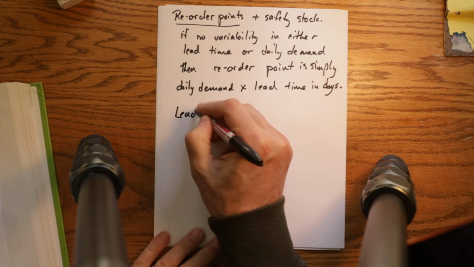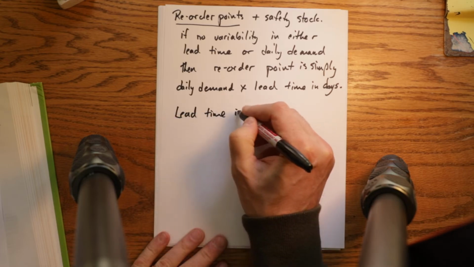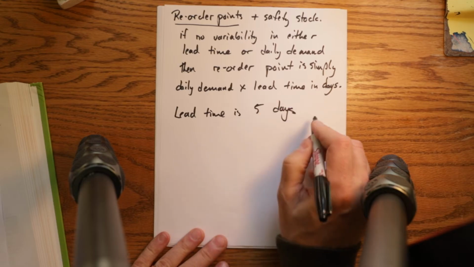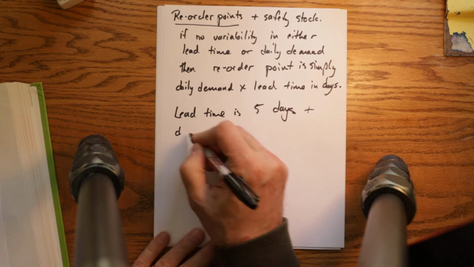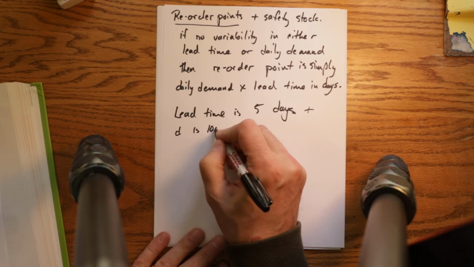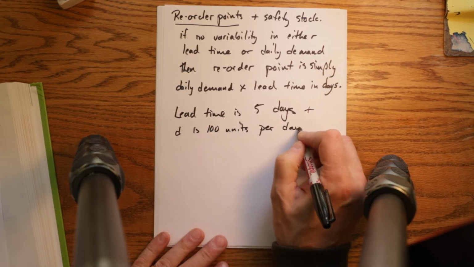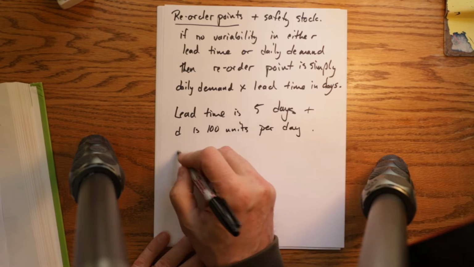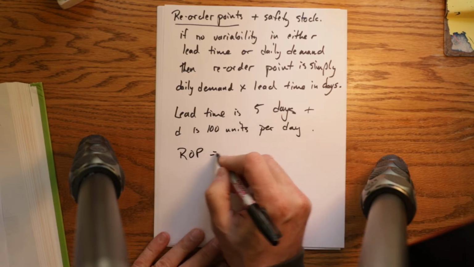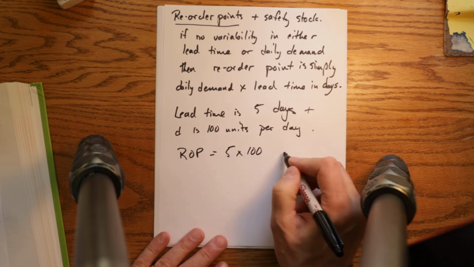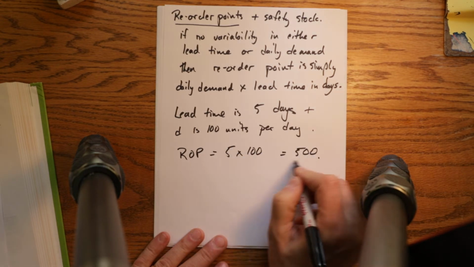Lead time is 5 days and daily demand is 100 units per day. And reorder point is equal to 5 times 100 equals 500.